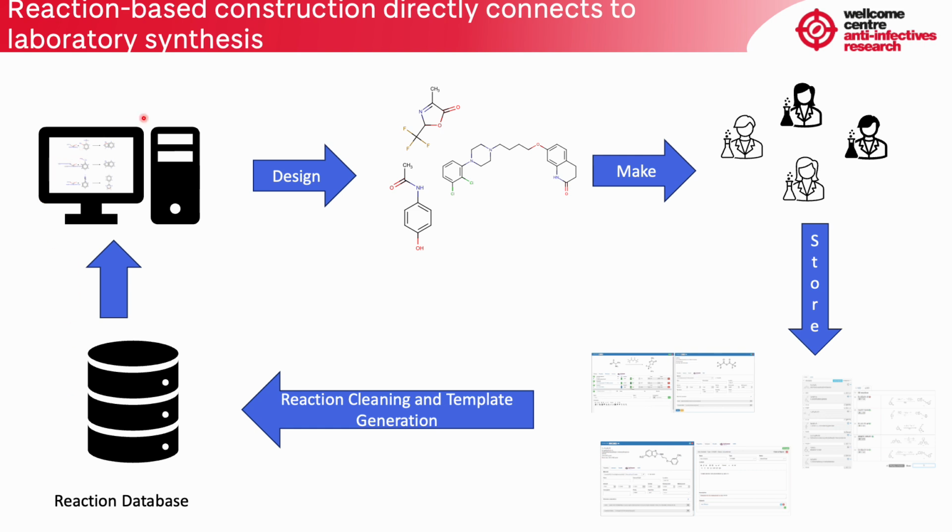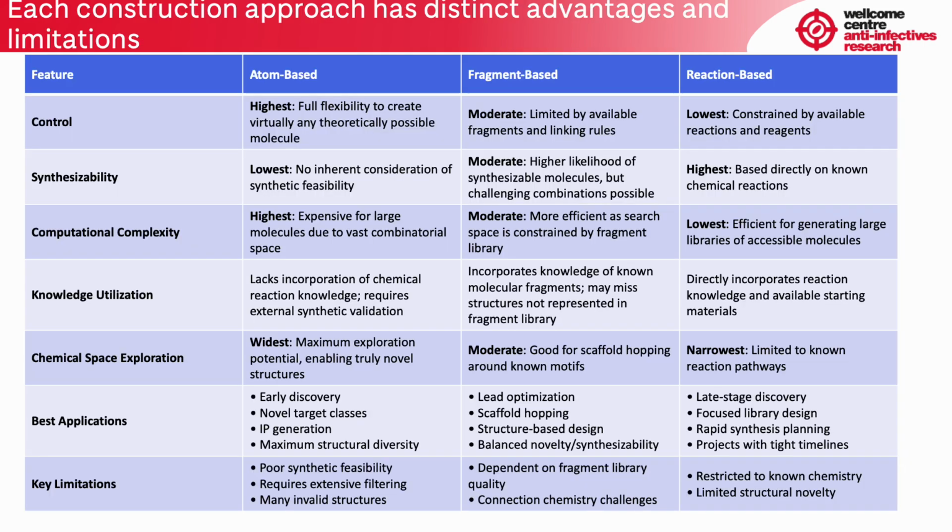And this then provides a sort of closed loop where chemists are making molecules, and then the designer is taking those templates and trying to generalize them to be able to build yet more molecules, and thus the loop continues. And this makes reaction-based construction very nice, because it can actually directly connect with lab synthesis.